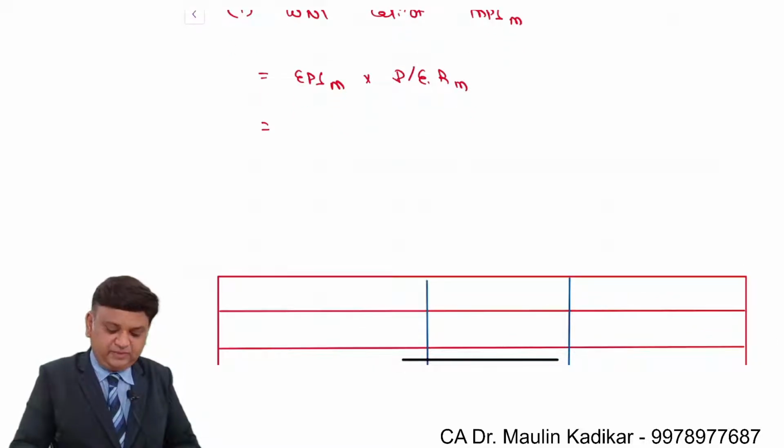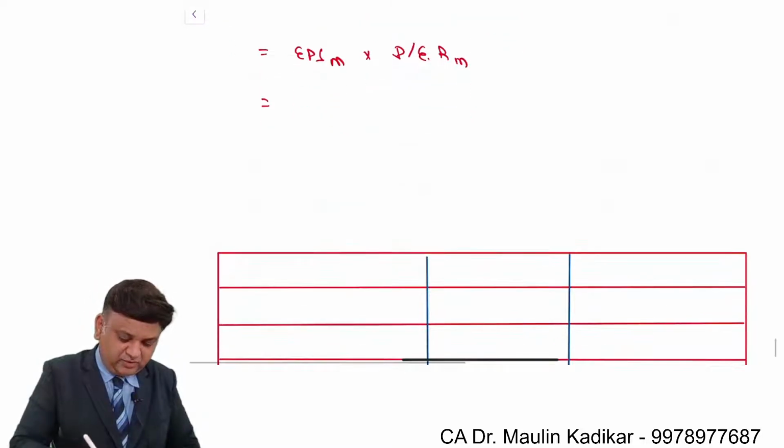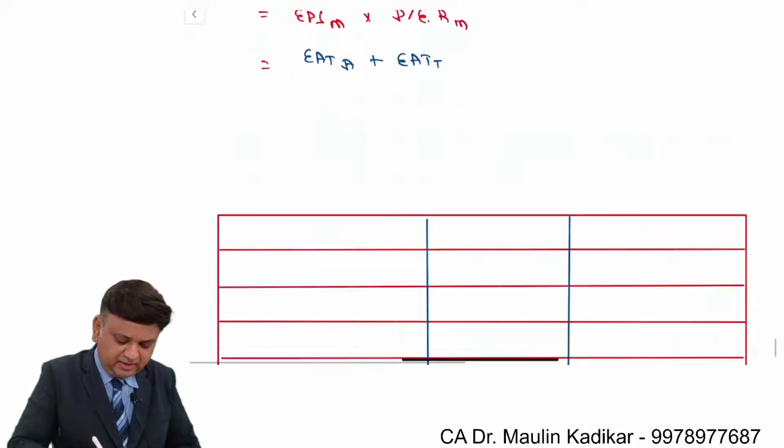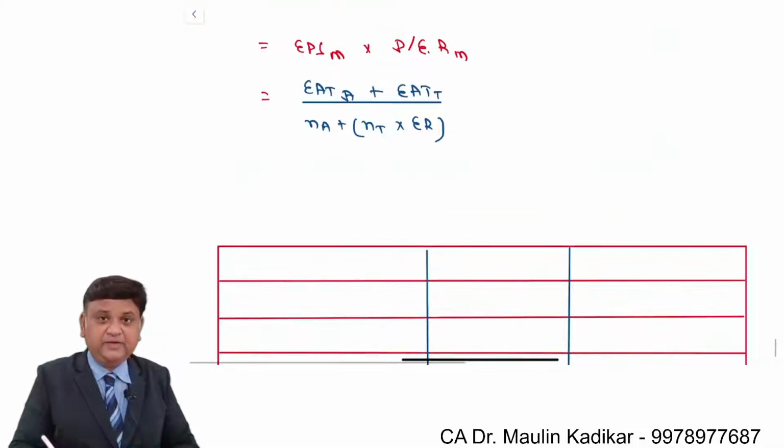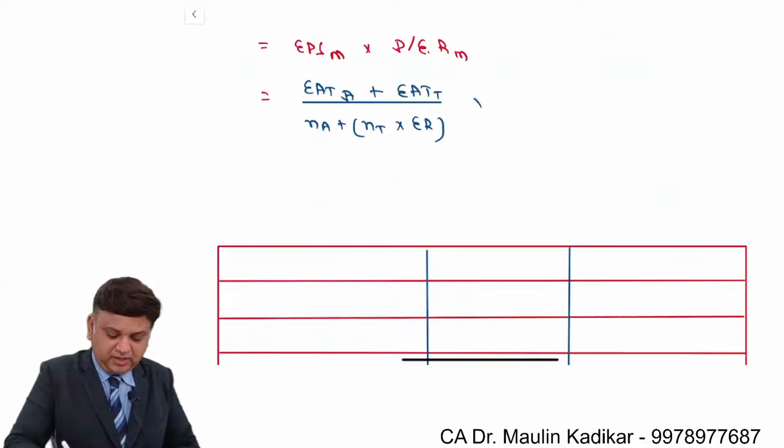What is EPS of the merged firm? That's again very simple to calculate. It is earning after taxes of A plus earning after taxes of T divided by number of shares of A plus number of shares of T into exchange ratio. That will give the EPS into price earning ratio of the merged firm.